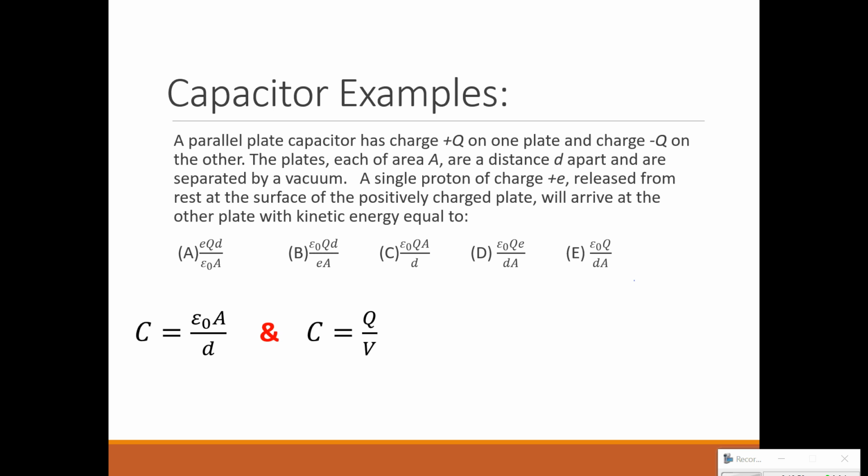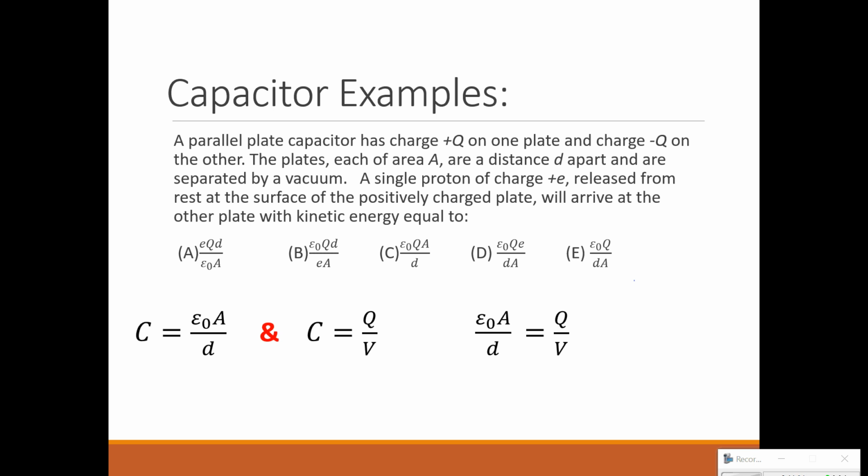Here we have two different equations that relate capacitance, and they're both true. The leftmost one, for a parallel plate, says it's related to the area of the plates and the distance between them. The right one says that it's related to the charge on the plates and the voltage applied to the plates. Since both of these are equal to capacitance, we can set them equal.